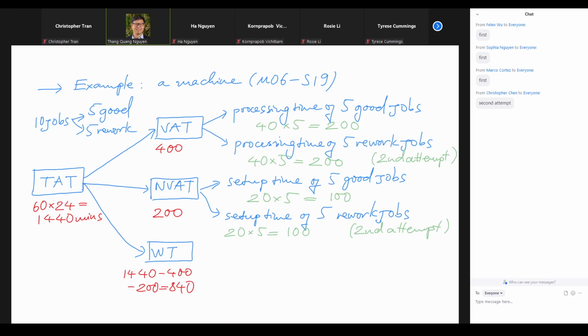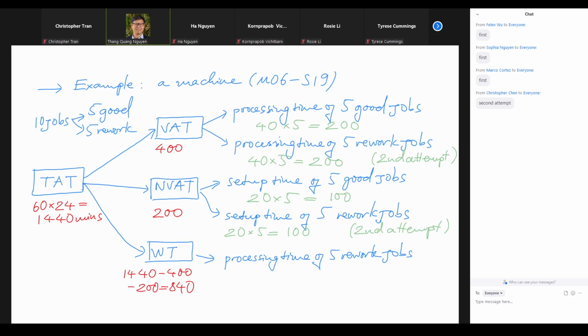So what are the components in the waste time? The first one is the processing time of the 5 rework jobs, right?